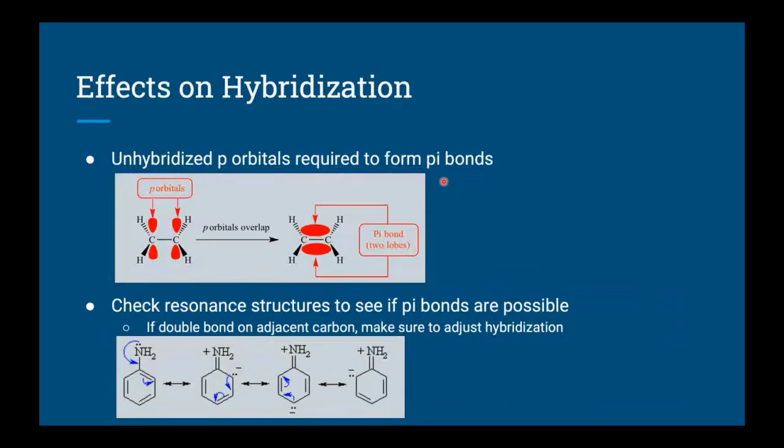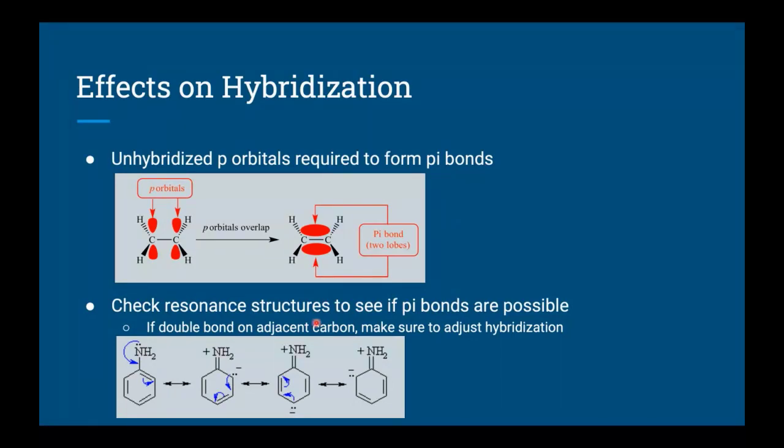And then just based on that, resonance also has some effects on hybridization. Again, it's important to remember that it's not just when you see a double bond. You also have to consider cases in which resonance structures are forming pi bonds.